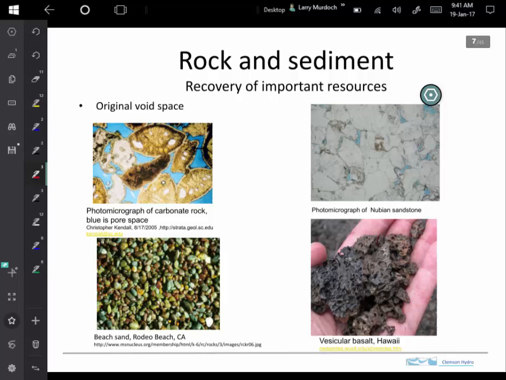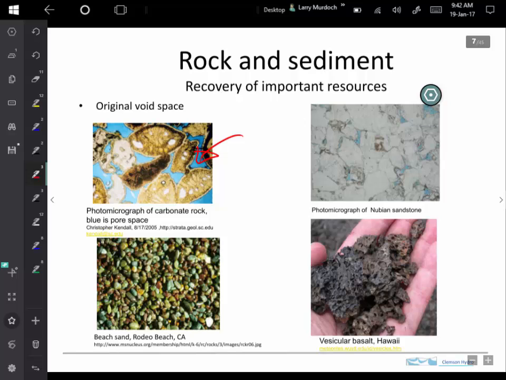Probably what a lot of us are interested in is porous media that's formed from rock or sediments, where the solid matrix is some kind of a mineral structure or perhaps some kind of organic material, and the pore spaces are shown here. And there are a variety of different flavors of this depending upon what the solid materials are.